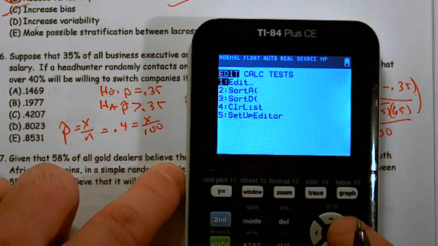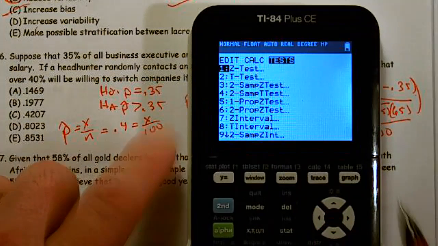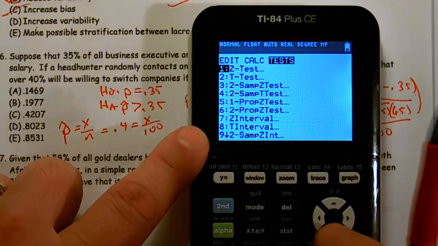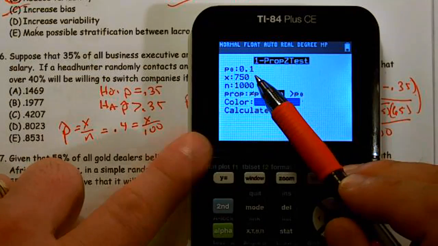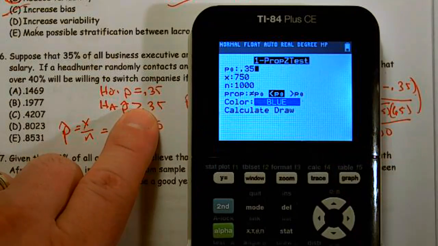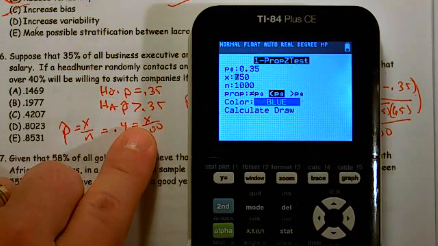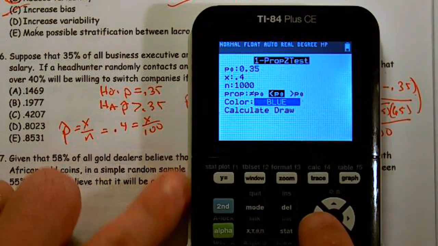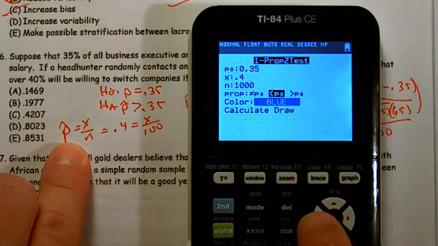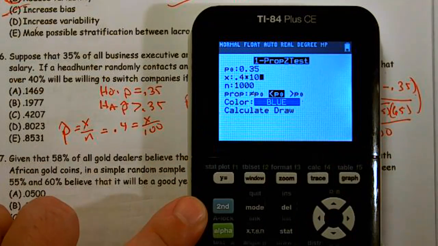So we're going to go STAT TESTS number 5, 1-PropZTest. The claim, 0.35. The X, that's going to be 0.4 times 100.